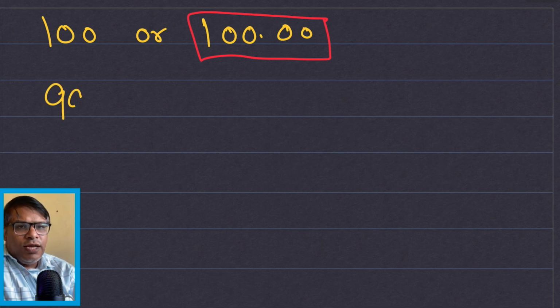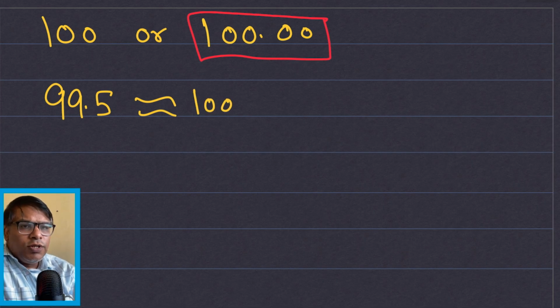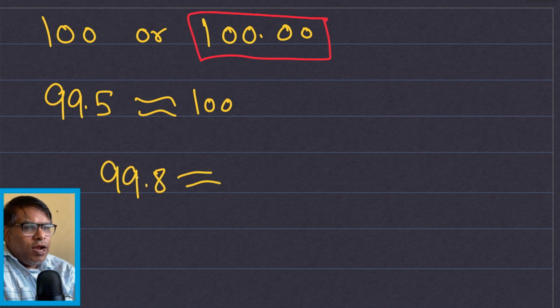Now try to see here. Let's suppose you have 99.5. You can round this off to 100. If you have 99.8, you can round this off to 100. If you have 100.01, you can round this off to 100. 100.1, you can round this to 100.